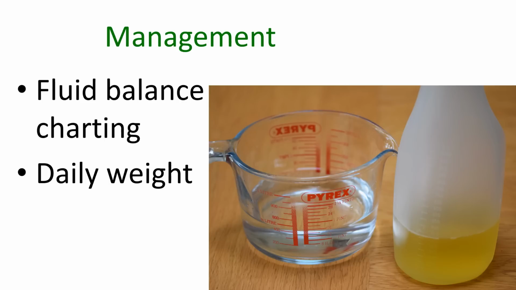So if a patient is losing fluid, they can be developing a negative fluid balance. But in acute kidney injury, if someone's not producing urine, they're likely to go into a positive fluid balance. So if someone weighs 3 kilograms more today than they did yesterday, that's because they're accumulating fluid, water. And we can work this out very simply because 1 litre of water weighs 1 kilogram.